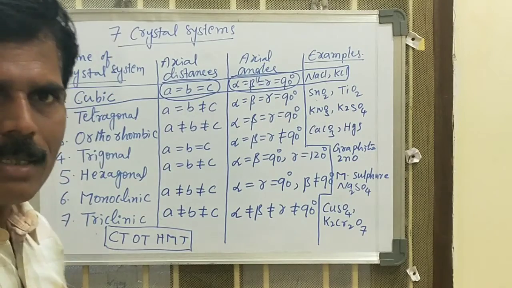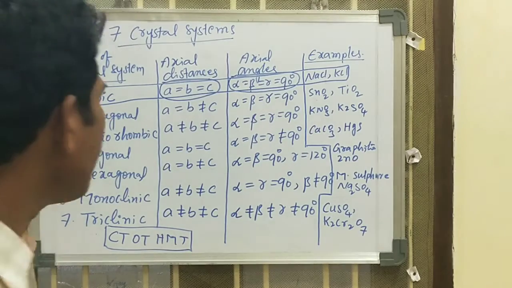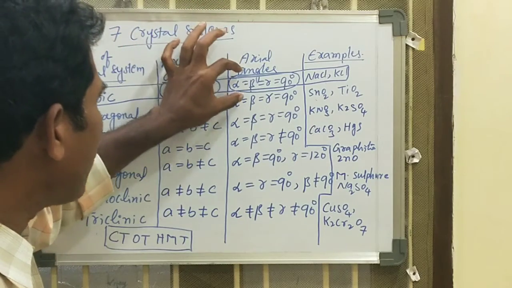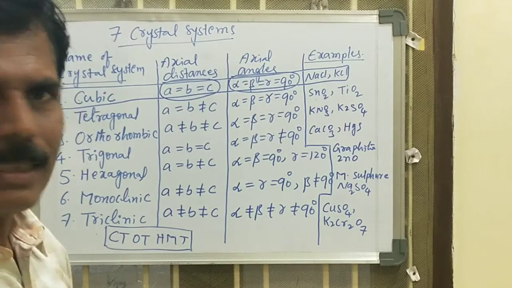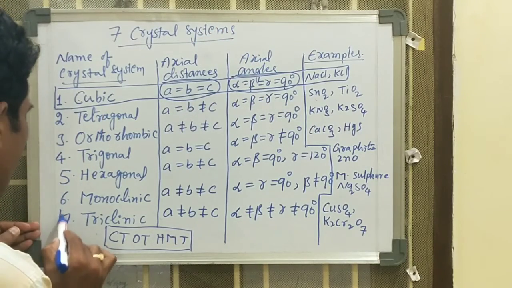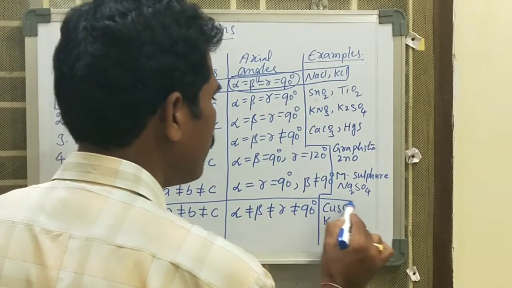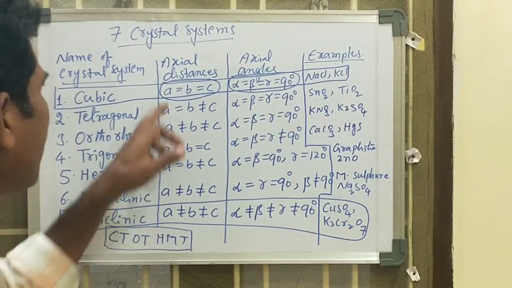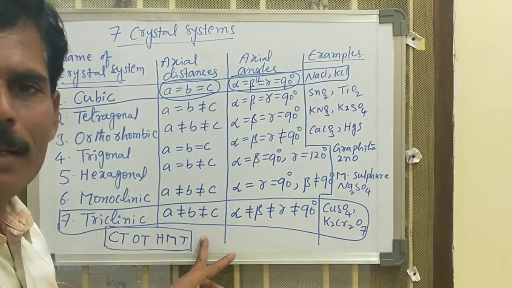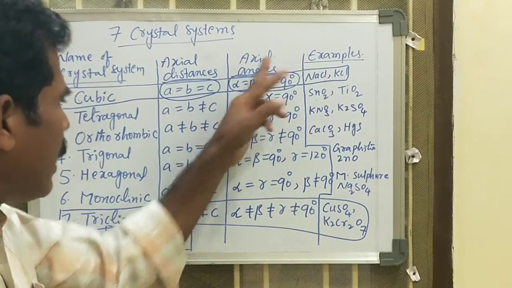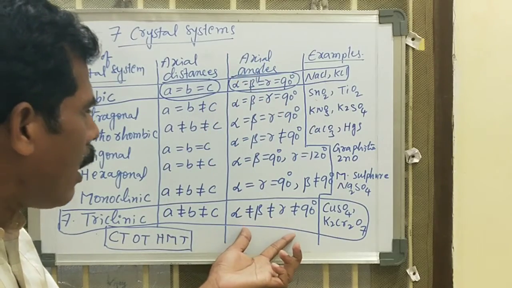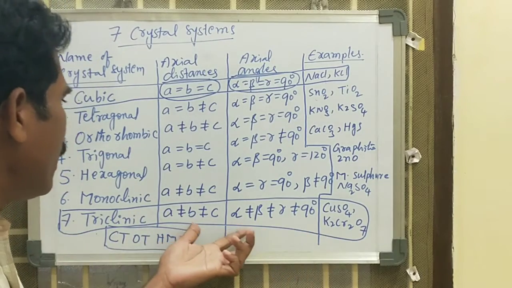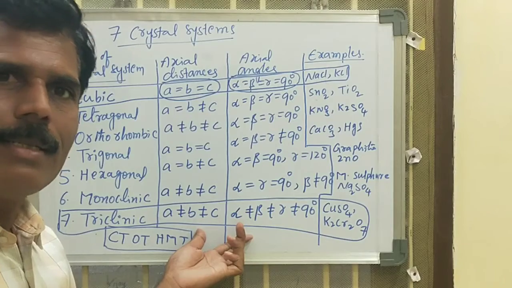Cubic crystal system is symmetrical because three axial distances are equal and three axial angles are equal to 90 degrees. Next, last one is triclinic. Yes, triclinic. Three axial distances are not equal, and three axial angles are not equal to 90 degrees. Right? So this is the most unsymmetrical system.